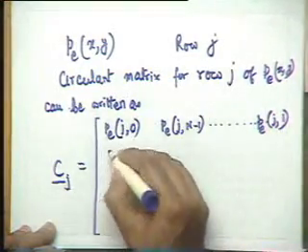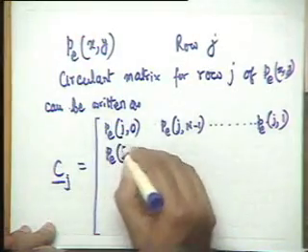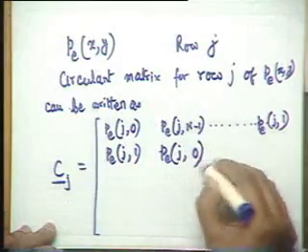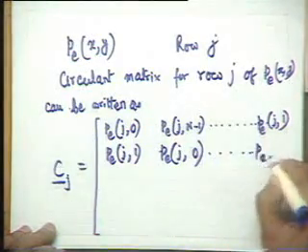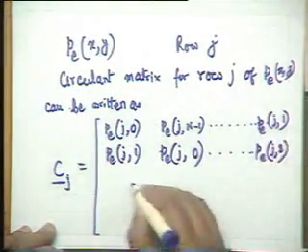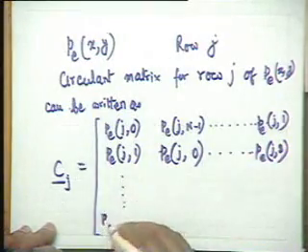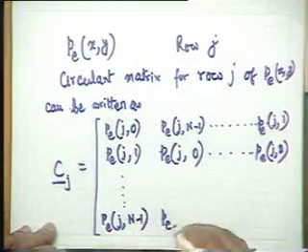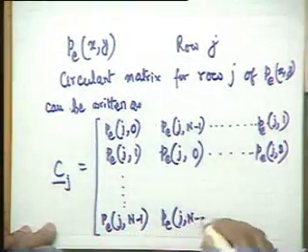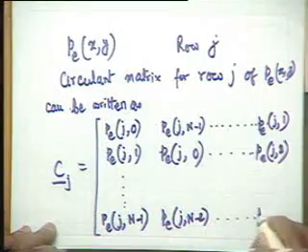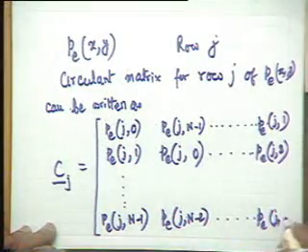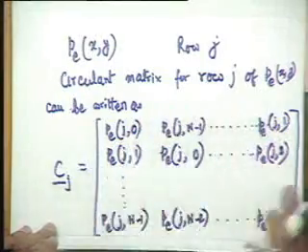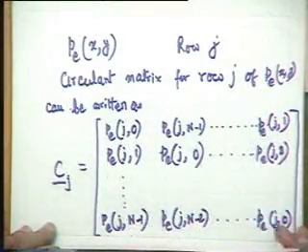The next row will be p_j1, p_j0, p_j2, and the last row will be p_j(n-1), p_j(n-2), up to p_j0. So we are going to construct a circulant matrix of this form. This becomes a circulant matrix, isn't it?